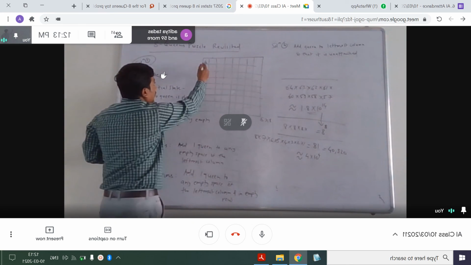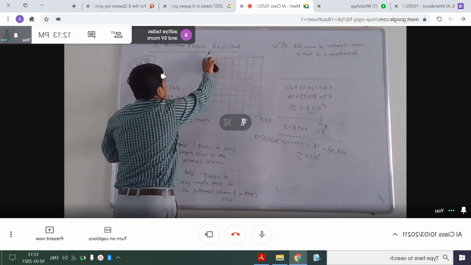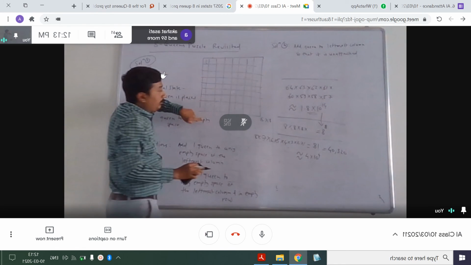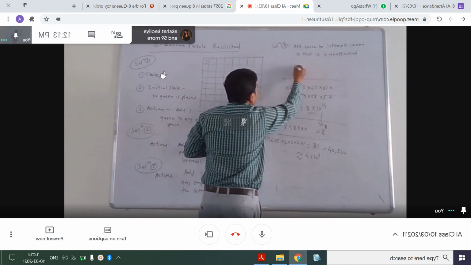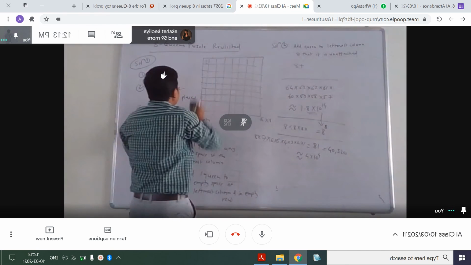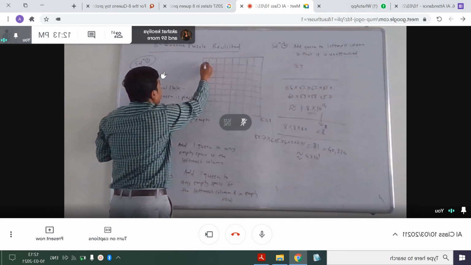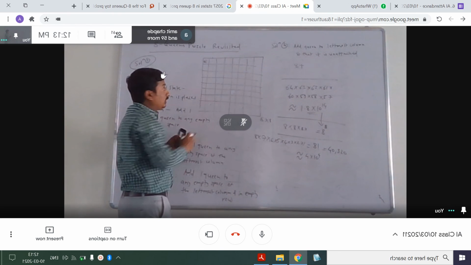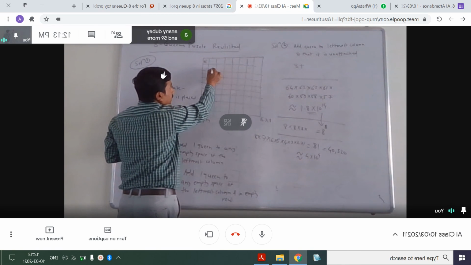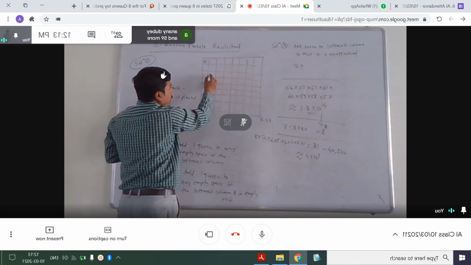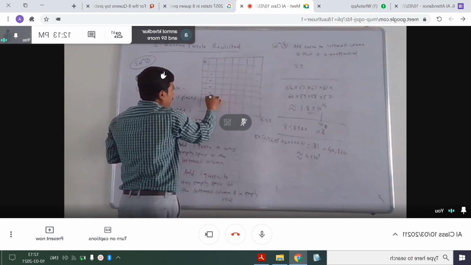So for the first queen, we are placing it in the leftmost column. We have 8 places possible. Now if I place a queen here, I cannot place here because it is attacking. I cannot place here. I can place here, right?